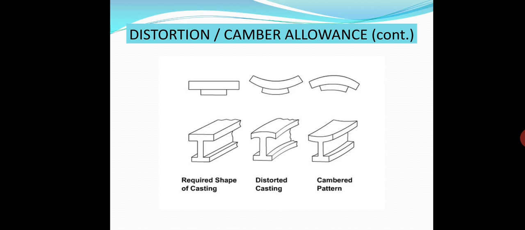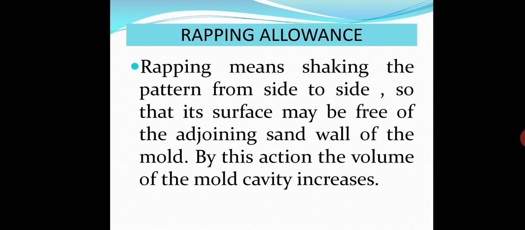This is the diagram of distortion or camber allowance. The required shape is given in the first diagram. With practice, it is observed that this is the distorted casting. So the pattern is given a negative camber, so that after distortion the required shape will be obtained.